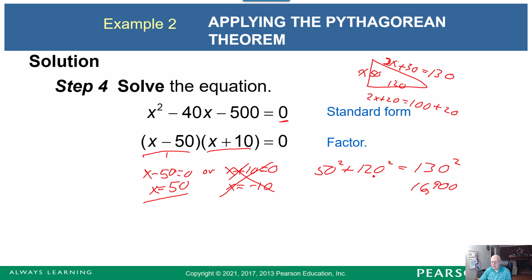And then add these two together. 50 squared is 2,500, and 120 squared is 144 with 2 zeros, or 14,400. Add those two together, and sure enough, you got 16,900. So that 50 for this is right, the 120 is right, and the 130 is right.